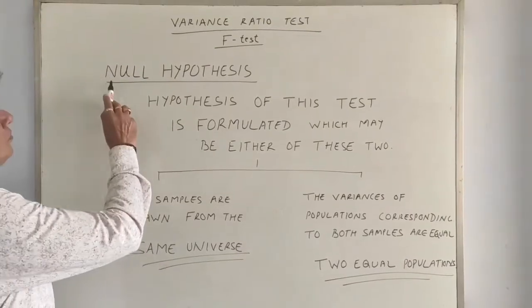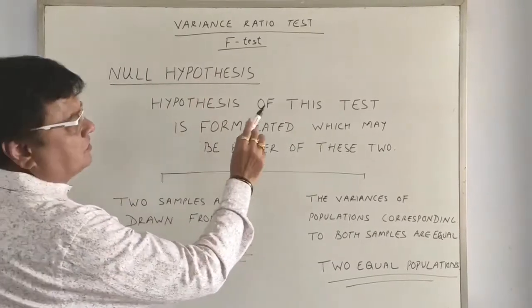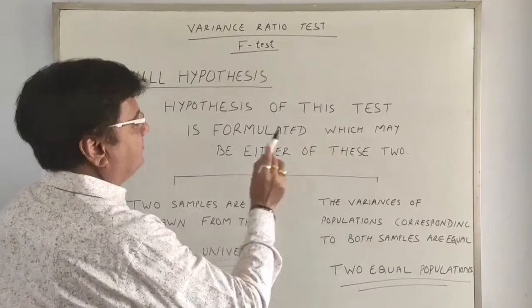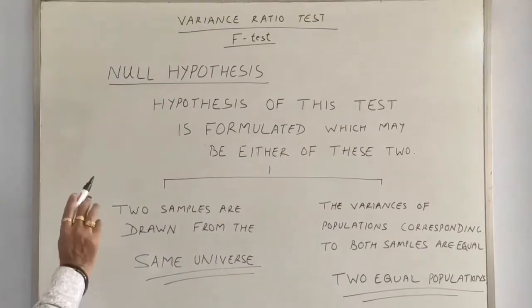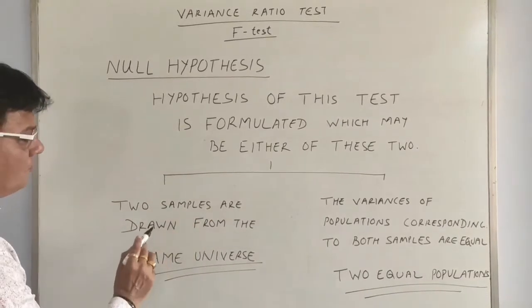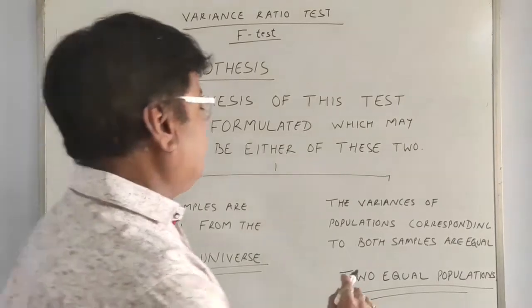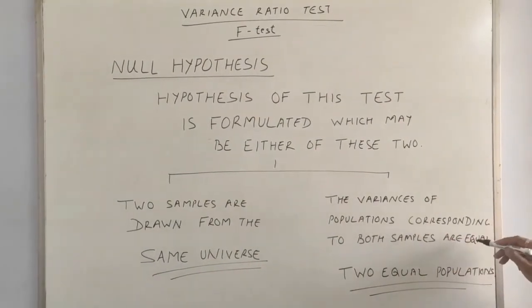Now we will know what the null hypothesis is. The hypothesis of this test, that is the F test, is formulated and may be either of these two. Either the two samples are drawn from the same universe, or the variances of the populations corresponding to both samples are equal.